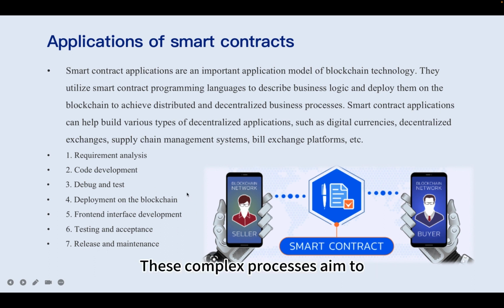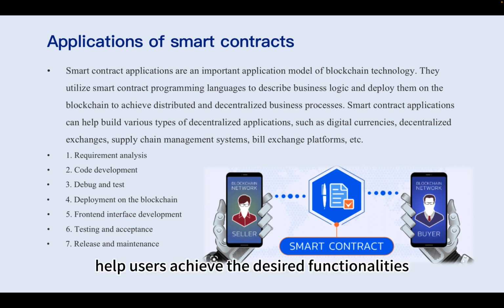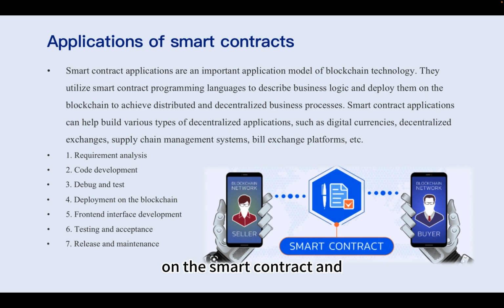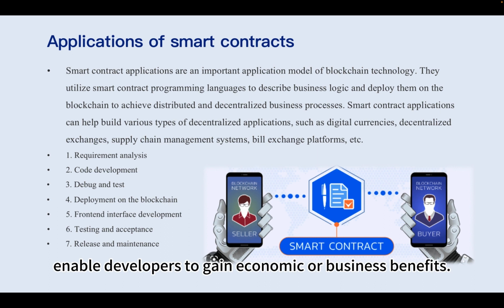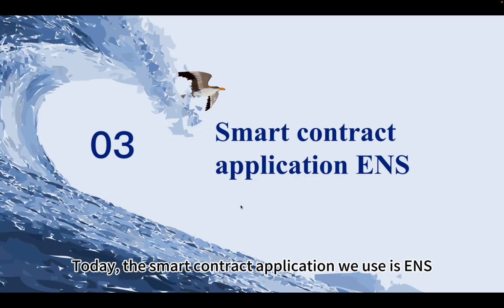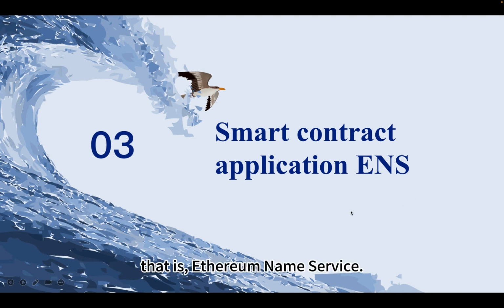These complex processes aim to help users achieve the desired functionalities on the smart contract and enable developers to gain economic or business benefits. Today, the smart contract application we use is ENS, that is Ethereum Name Service.